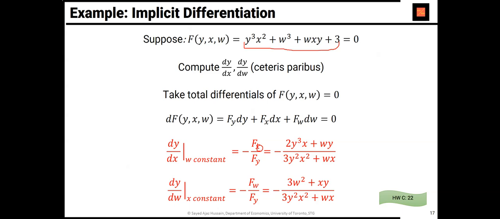And then divide by, take the F function and differentiate with respect to just y. That'll be 3y squared x squared plus wx. Exactly what you see here, right? So you can see that it works beautifully. So you're able to find dy dx, even though you could not isolate y in terms of x's. And I'll leave this, of course, as an exercise. It's pretty obvious what we're doing over here.